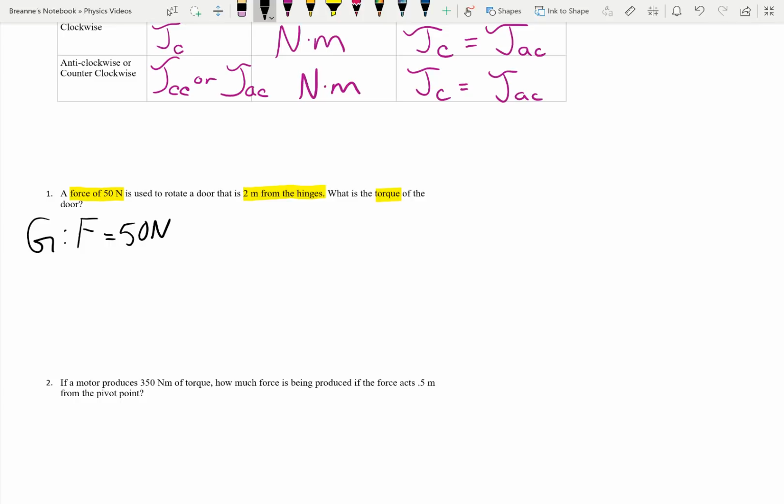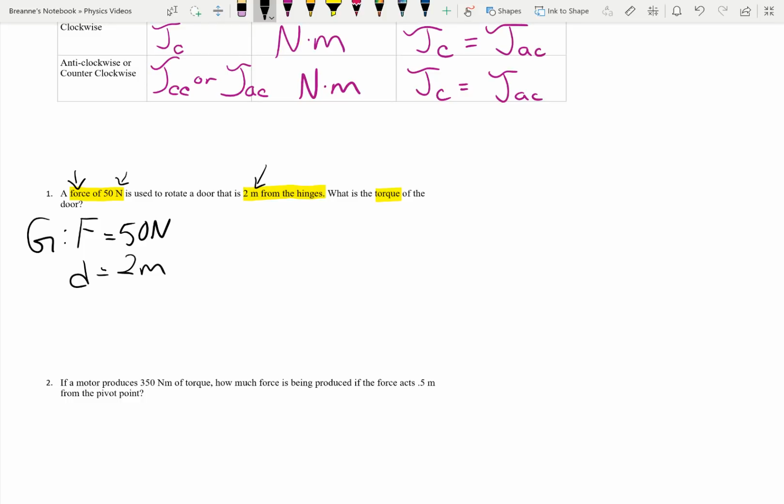I got that for 2 different ways. It specifically said force, but also I know N stands for newtons, and that's represented by a force. It says the door is 2 meters from the hinge. That is our distance. I got that from the M behind the 2. That's meters.